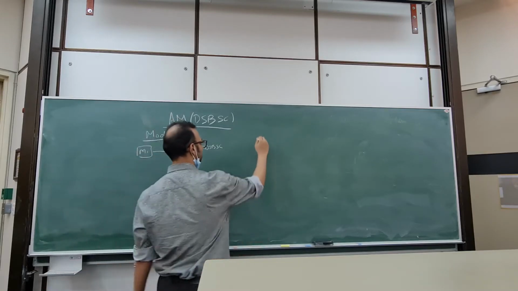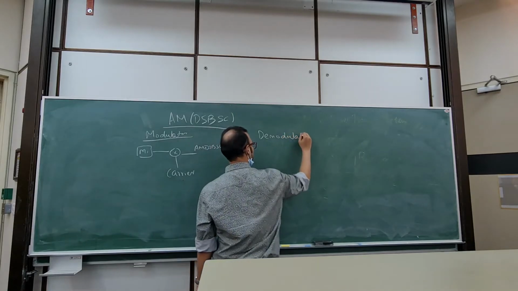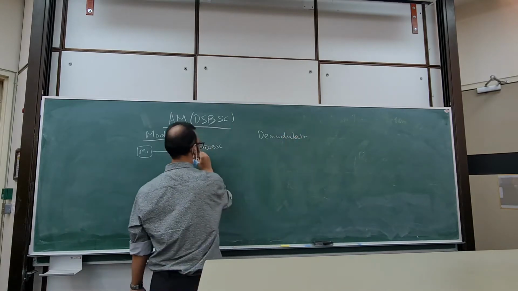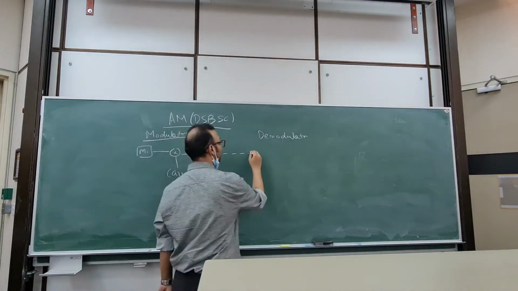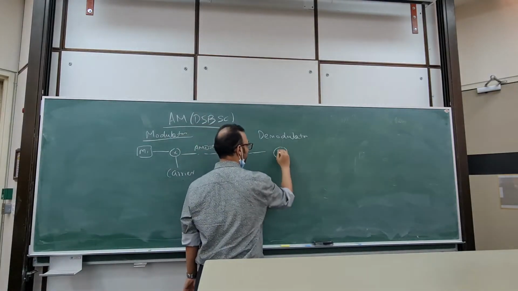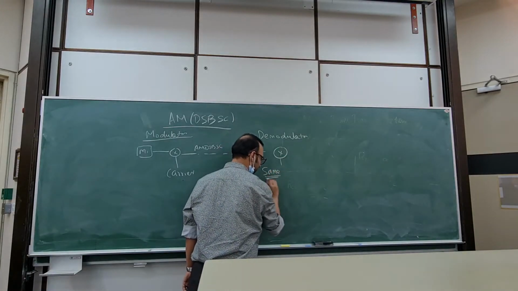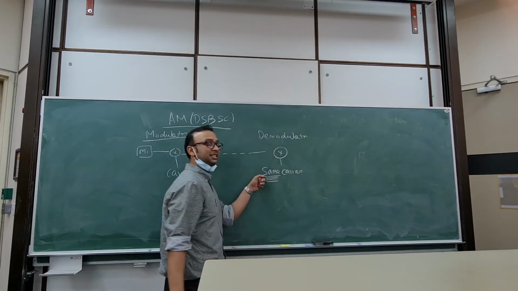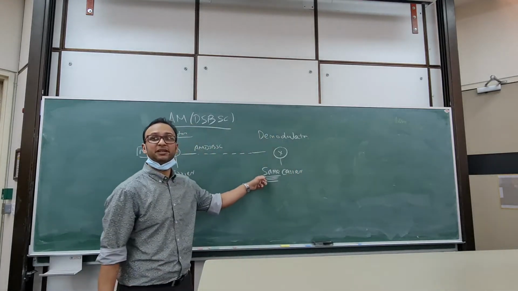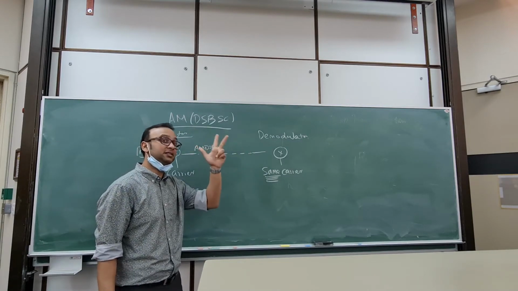Now on the demodulator side, how can you get your signal back? Multiply again by the same carrier. This is the catch. When you mean same, that means same in frequency, same in amplitude, same in phase.